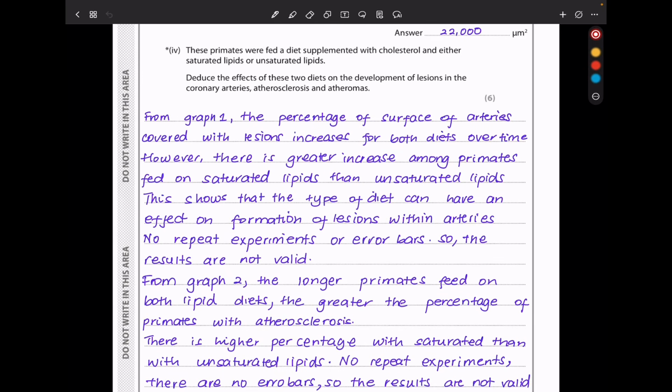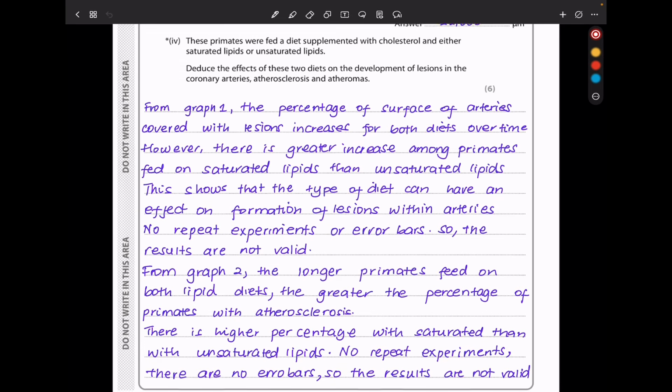I'm just going to read what I wrote because I've already explained the results when we were going through the graphs. So from graph 1, the percentage of surface area of arteries covered with lesions increases for both diets over time. However, there is greater increase among primates fed on saturated lipids than unsaturated lipids. This shows that the type of diet can have an effect on formation of lesions within arteries.